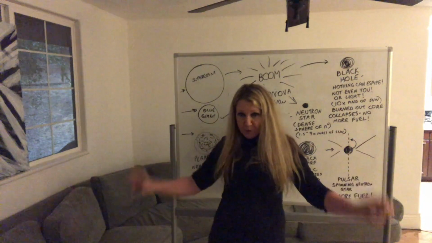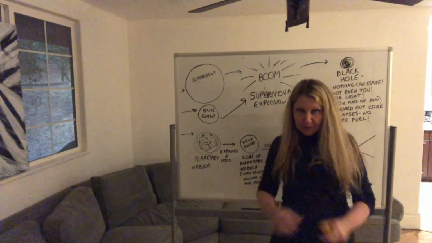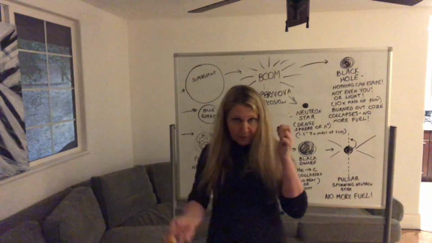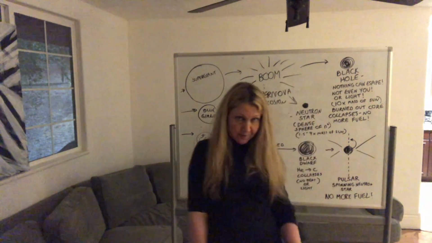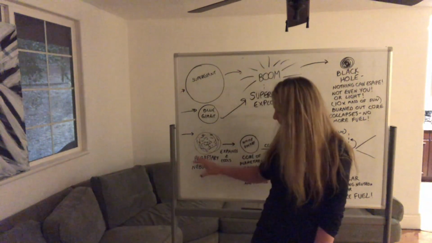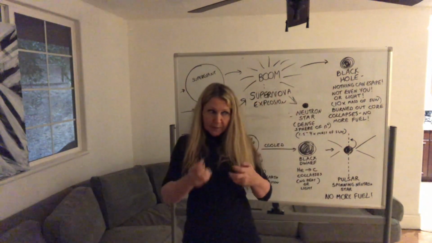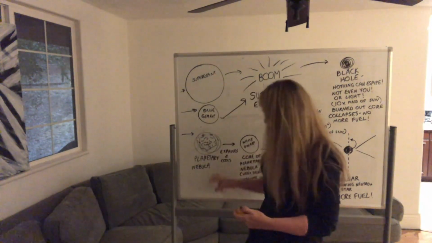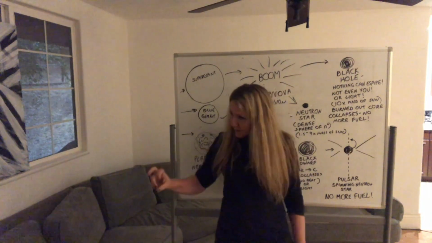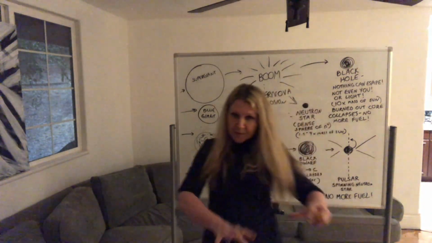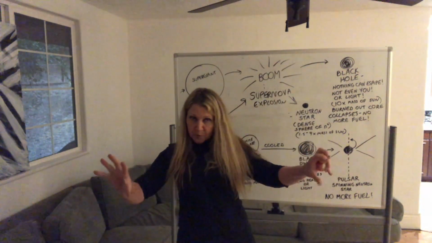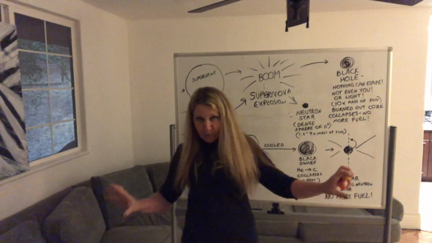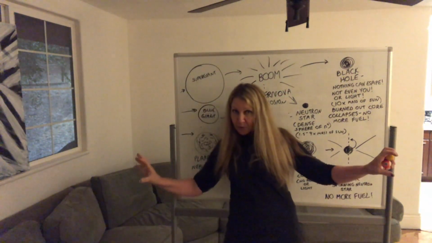And it becomes what's called a planetary nebula. So remember, nebula is like a ball of dust and gas. But in this case, it's a planetary nebula because it does have a core. All right, and once it expands and cools, once that hydrogen spreads out even more, it starts cooling off.